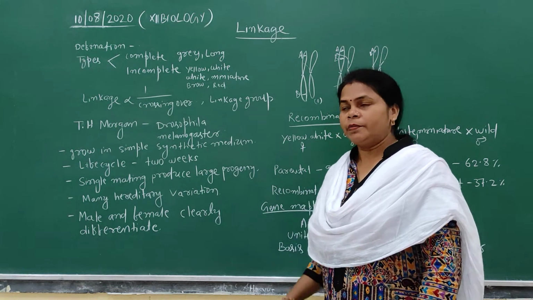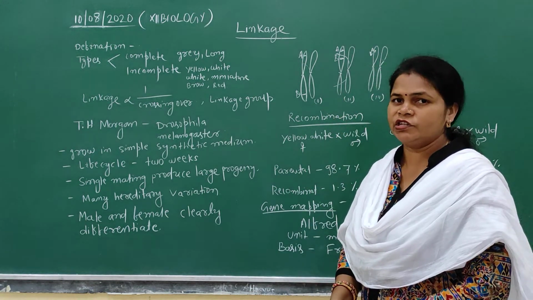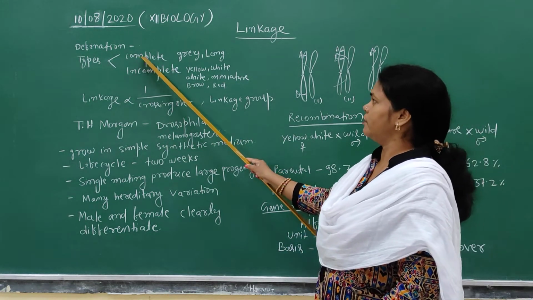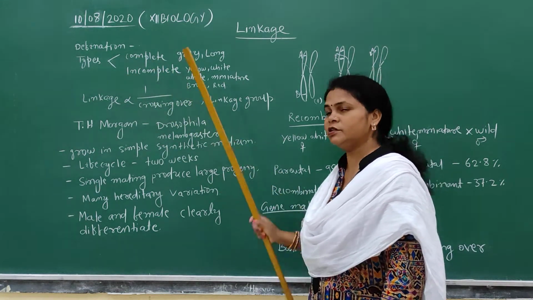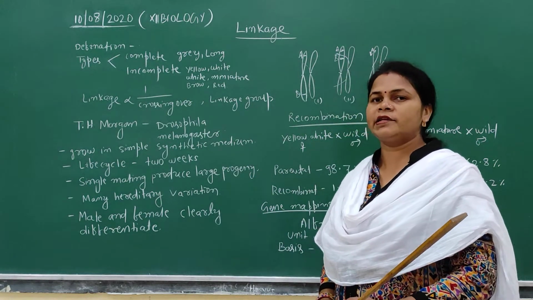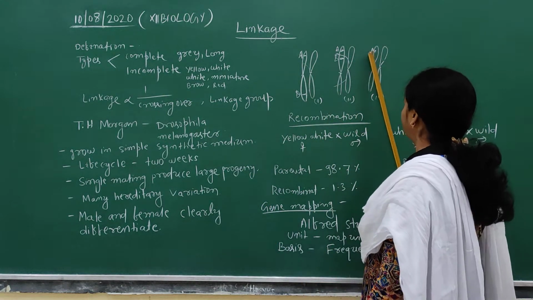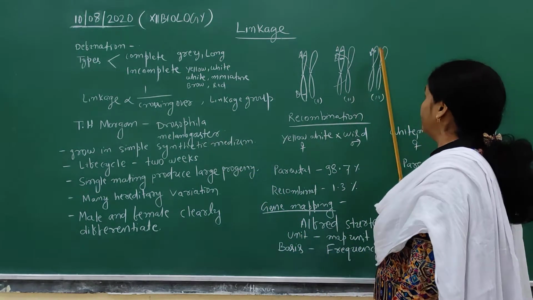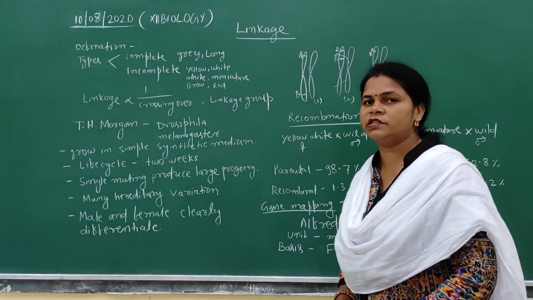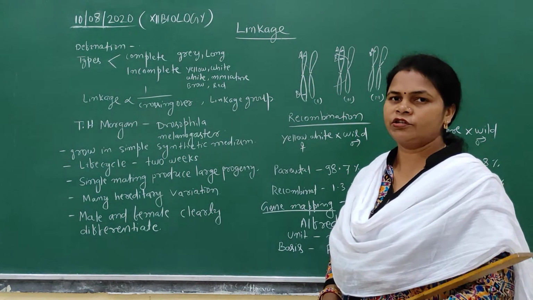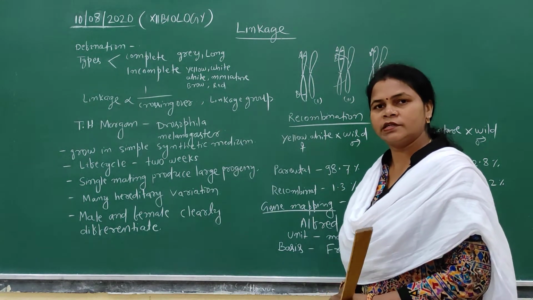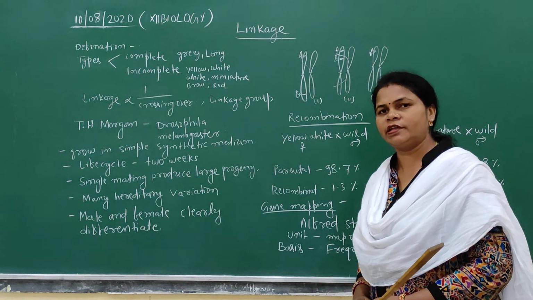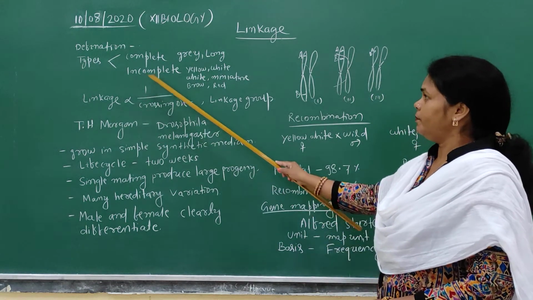Based on the location of the genes, linkage is of two types: complete linkage and incomplete linkage. In complete linkage, these two genes are very close to one another and there is no crossing over between them. That's why they are inherited together to the next generation, and the recombinant frequency is very low.